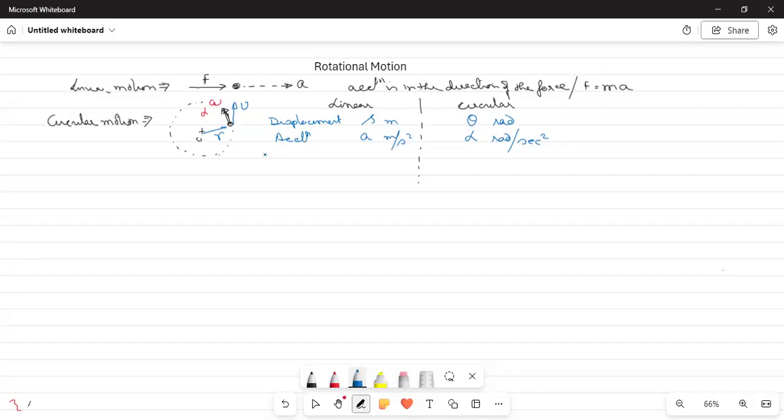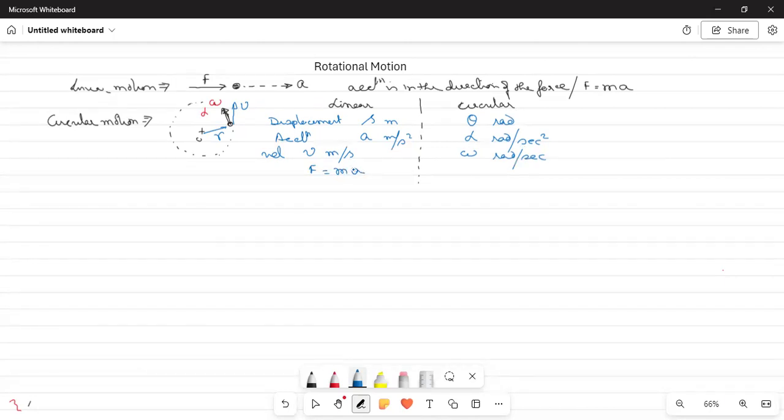Similarly, in linear motion, velocity is designated by v, which is meter per second. In circular motion, velocity is expressed by the letter omega, which is radian per second. In linear motion, there is a formula force is equal to mass into acceleration.